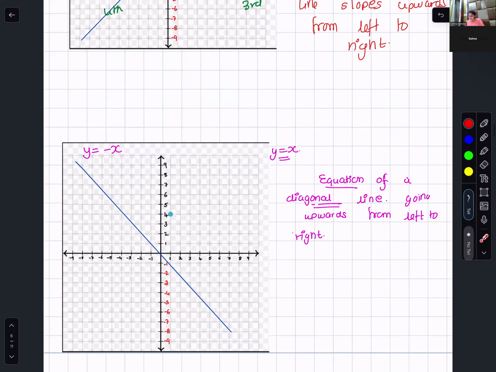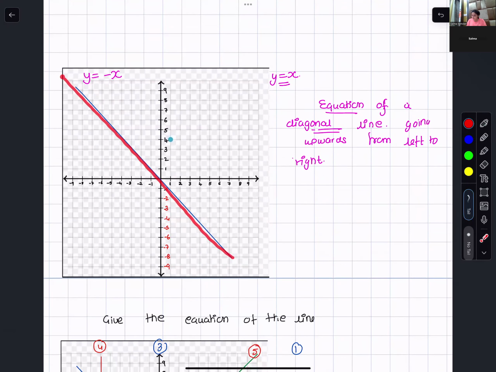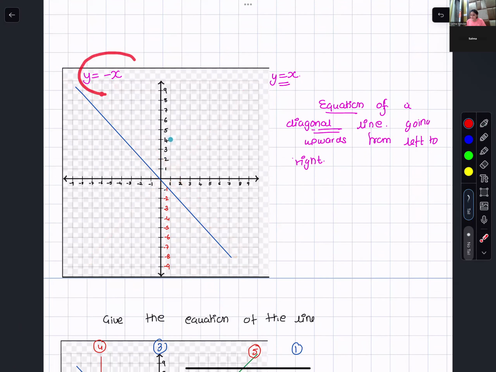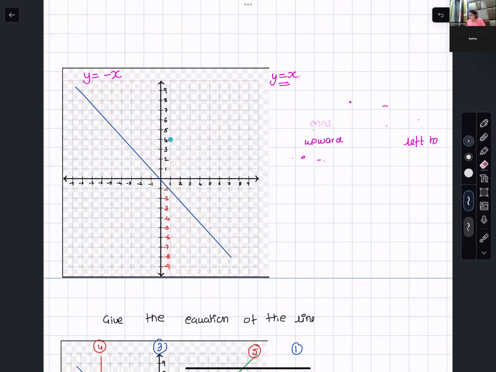But if the line slopes downwards from left to right, then it will be a negative slope, and the equation of it would be y is equal to minus x. So if it is on the second and fourth quadrant, then the equation is y is equal to minus x.